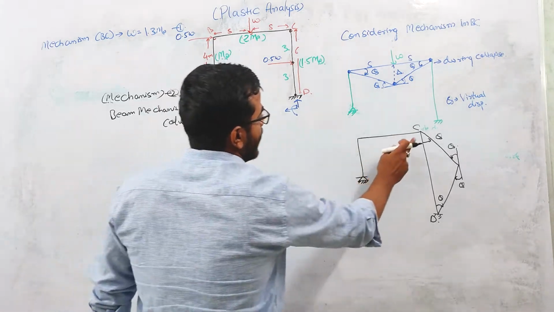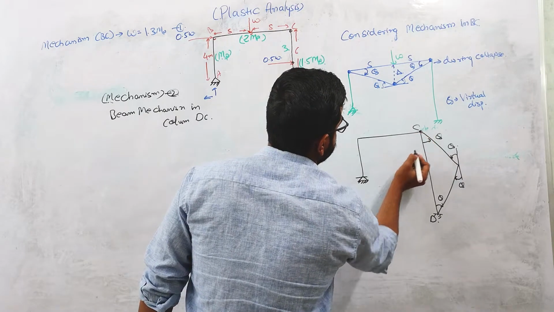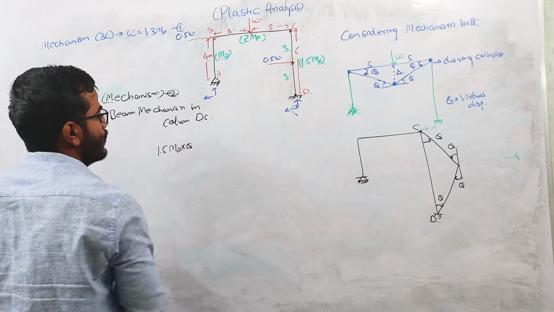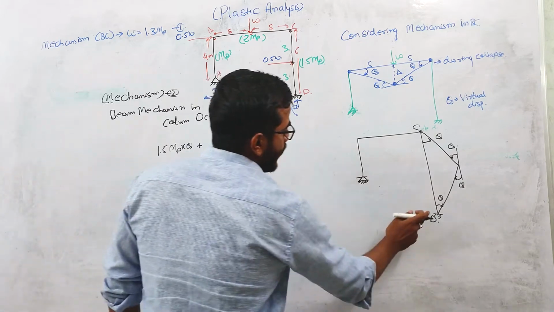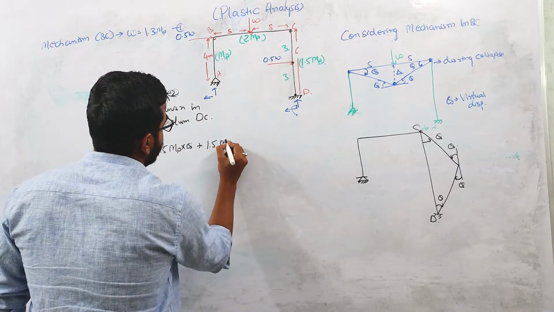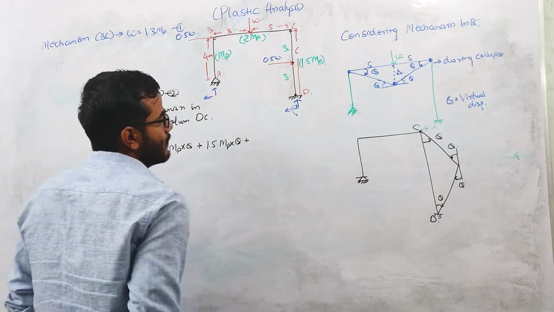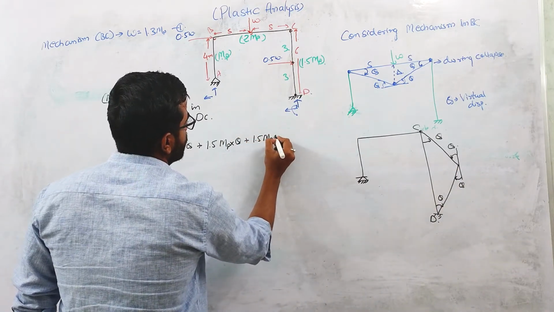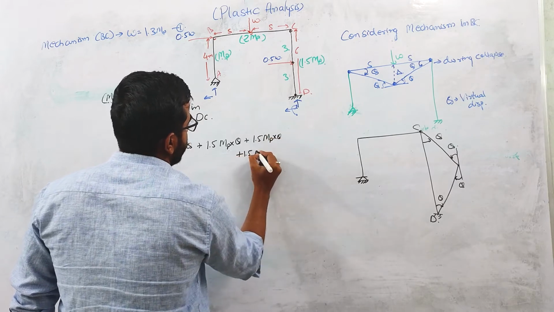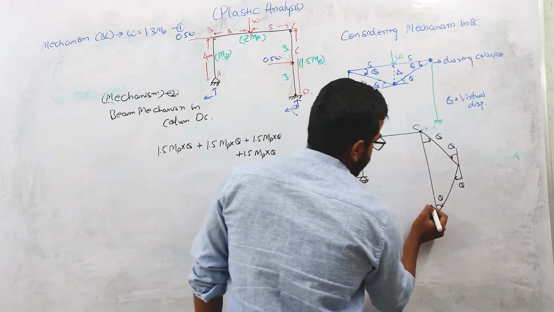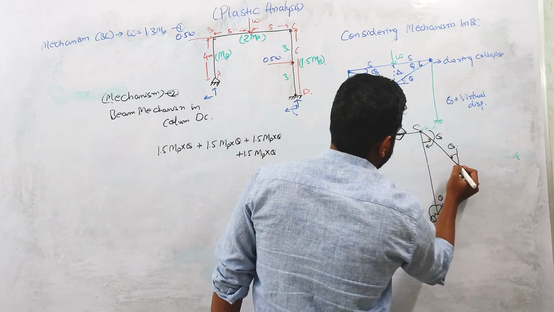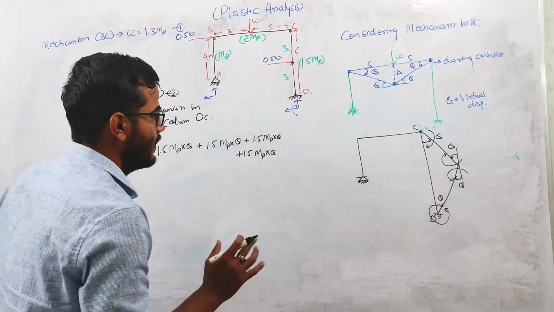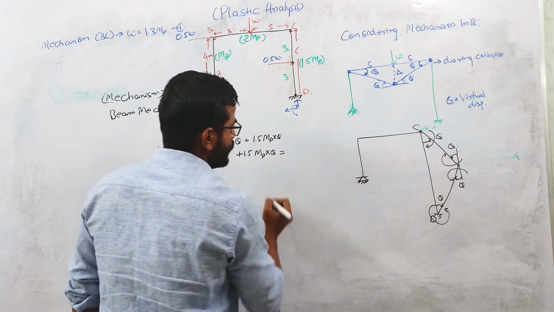At each plastic hinge location, the internal work absorbed will be 1.5 mp into theta, at this point 1.5 mp into theta, and again 1.5 mp into theta plus 1.5 mp into theta. The direction of the plastic movement will look like this, and this will be equal to external work done.